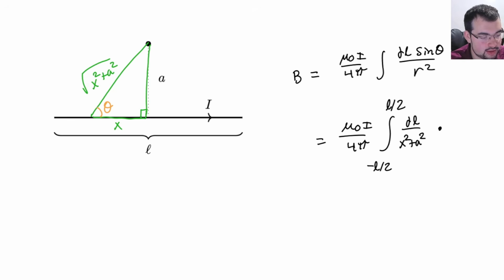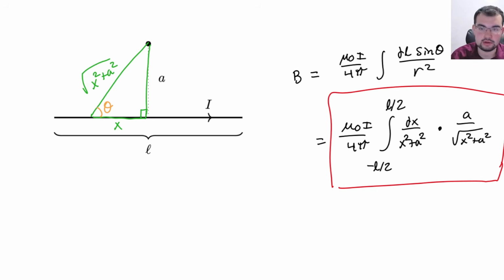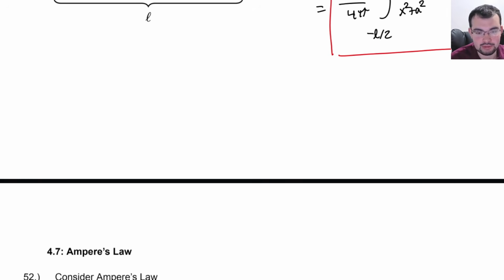And what is sine theta? Sine theta is opposite side over hypotenuse. So we get the 3/2 again. I should make this an x. Ugly, ugly, ugly. Now, if you evaluate this in the case that L goes to infinity, you do actually get mu naught I over 2 pi r. So for any trig sub enjoyers, you can verify that if you don't believe me.